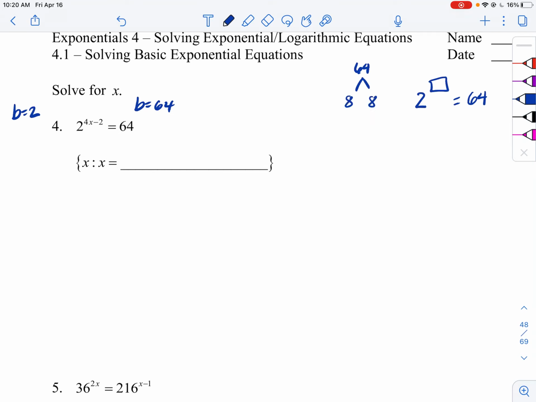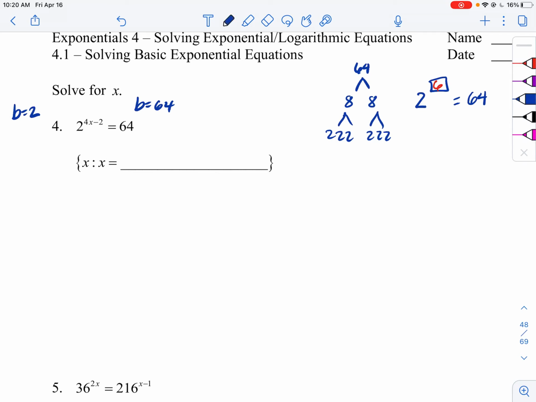And if you are confused, you can always do the factor tree, as we call it. So 64 is 8 times 8. 8 is 2 times 2 times 2. The other 8 is also 2 times 2 times 2. It looks like 2 to the power of 6, six twos. 6 twos will get you 64.